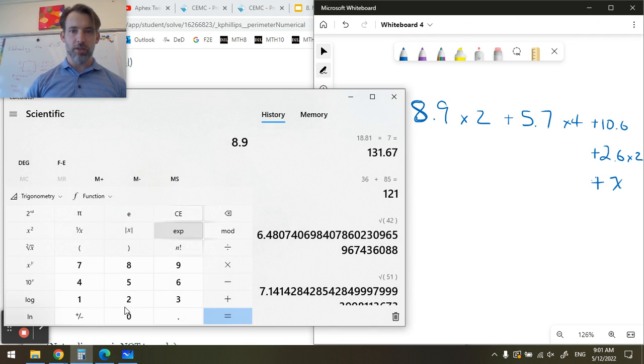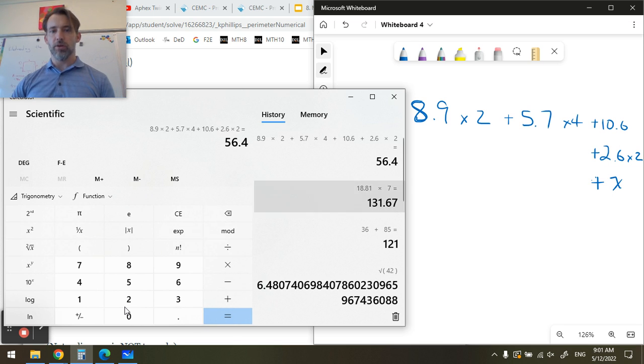So now let's get our numbers, get our calculator. 8.9 times 2 plus 5.7 times 4. Fast, use multiplication there. Plus 10.6 plus 2.6 times 2 equals 56.4.